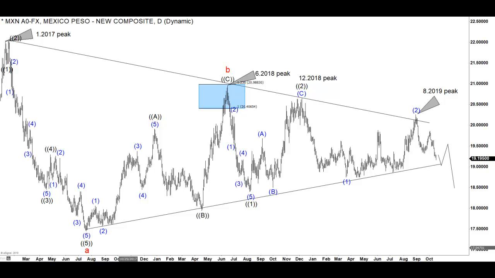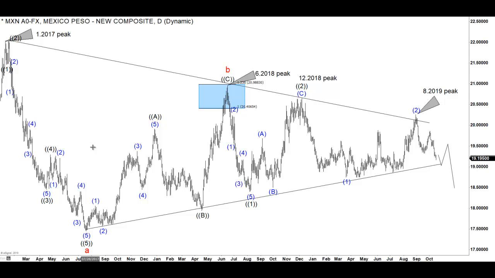Okay, this is the Mexican peso in the multi-year consolidation. The peso peaked in January of 2017 and declined in what seems to be a very important structure right here.